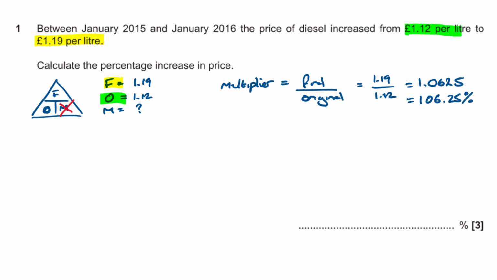Now remember, we want to work out what the percentage increase is. Okay, so when you're doing percentage increases, you always start with 100%. So if I started with 100% and now I've got 106.25%, that is an increase then of 6.25%.